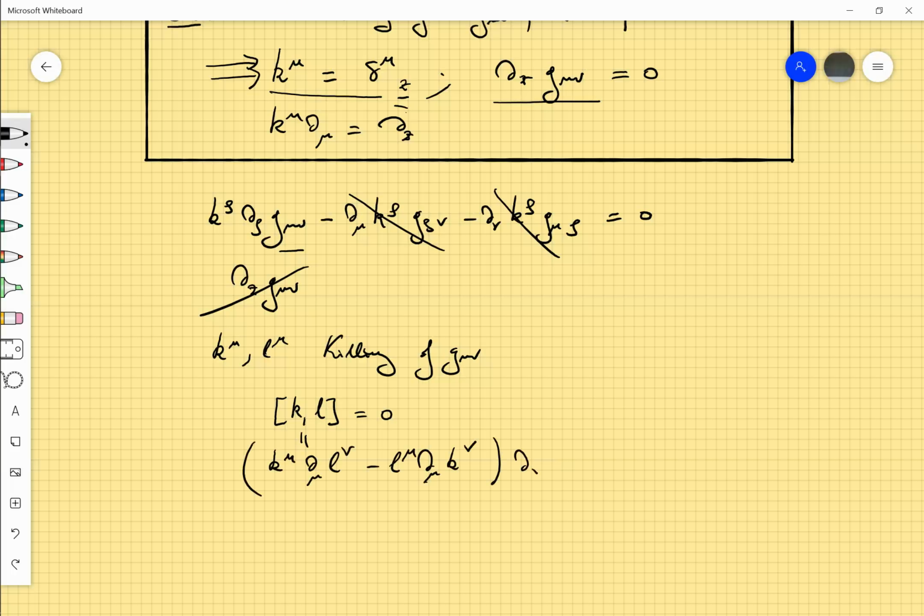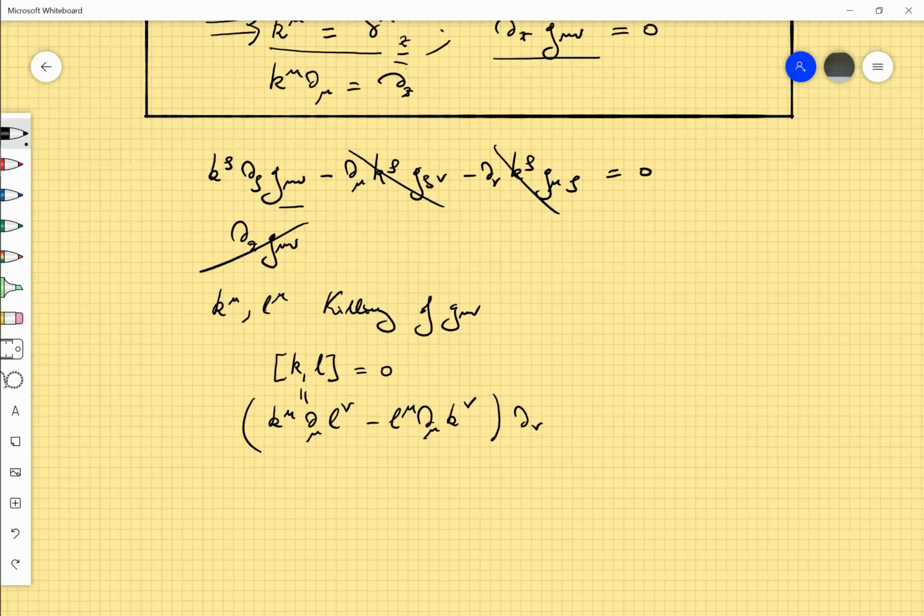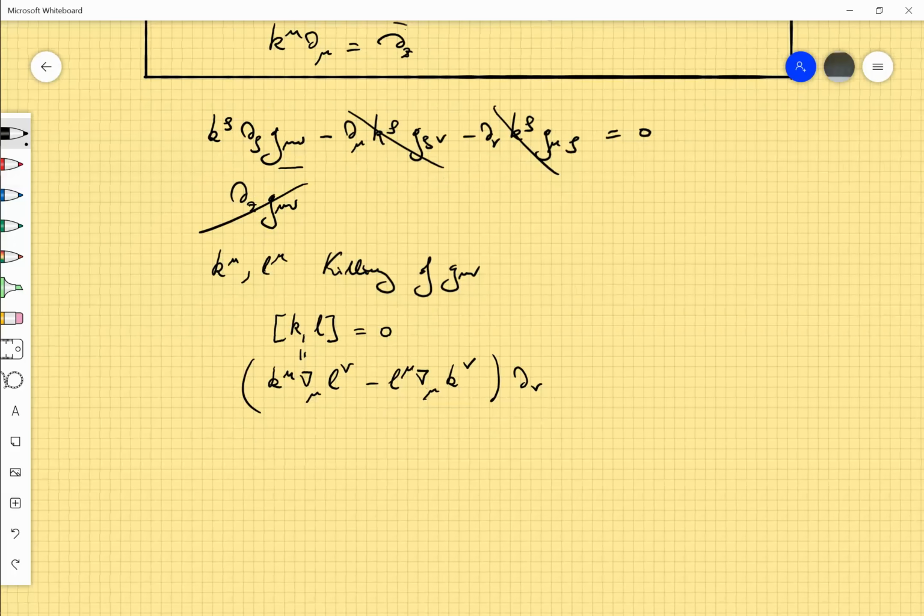Okay, and this times this to write it as a vector. Remember that the Lie bracket of two vectors was always a vector, and that was because you could replace this by the Levi-Civita covariant derivative. So this ensures that this expression is always a vector.